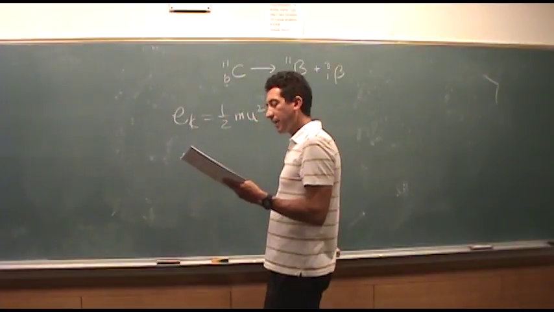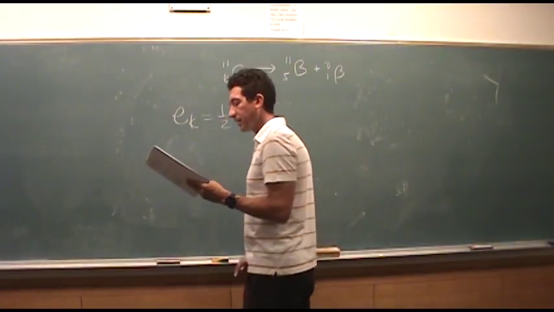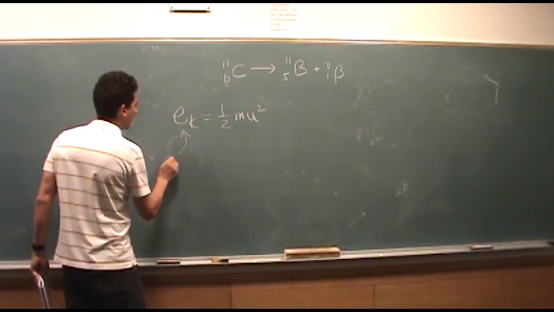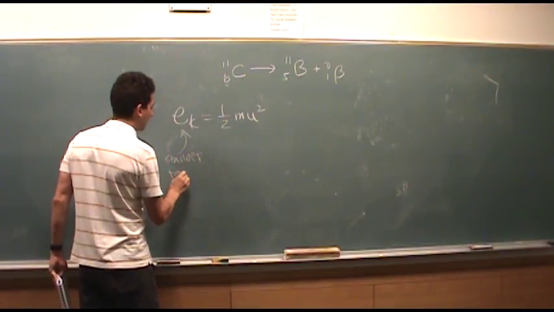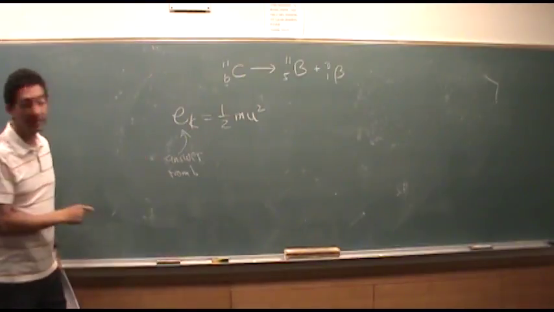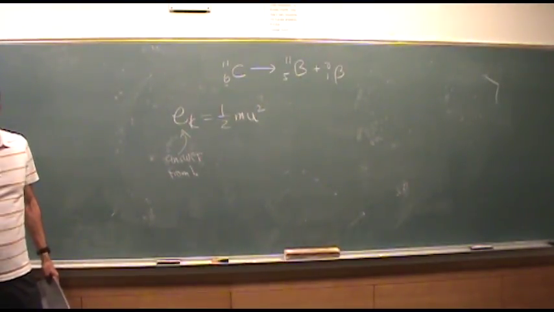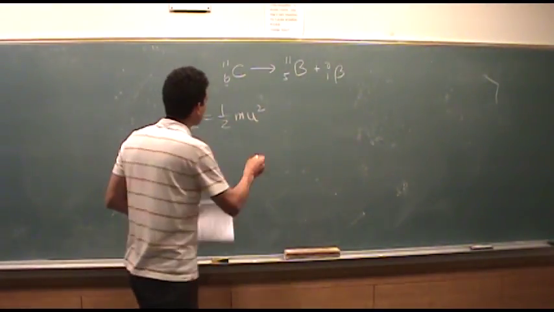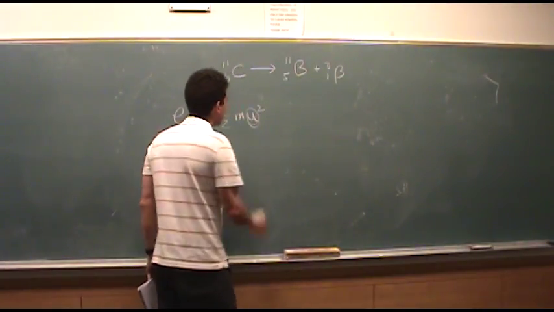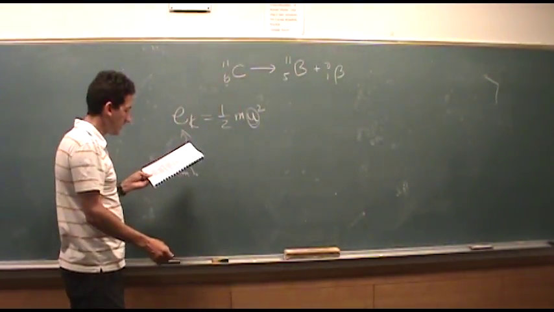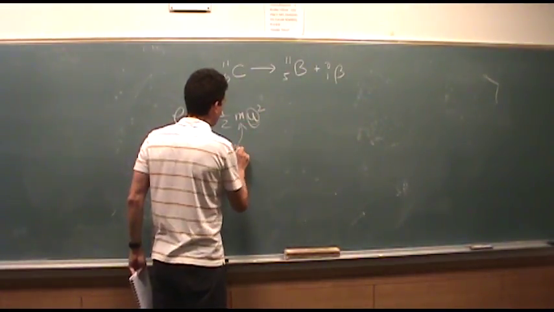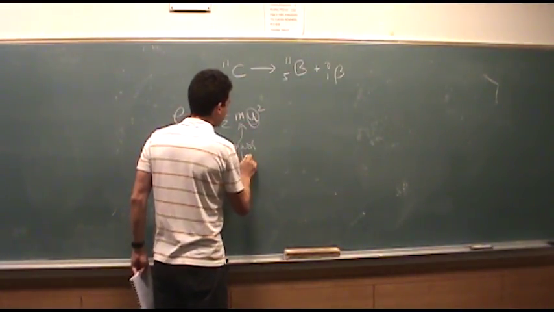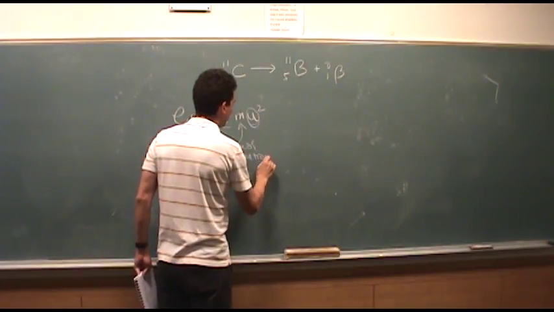It says all the energy is kinetic energy, so the answer from part B is right there. All the energy is converted to kinetic energy. You want velocity, so you want that number, and then it says positron, so you want the mass of the electron from the back of the exam.